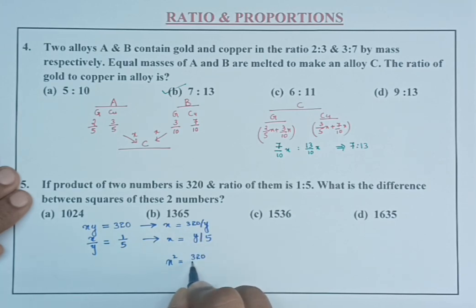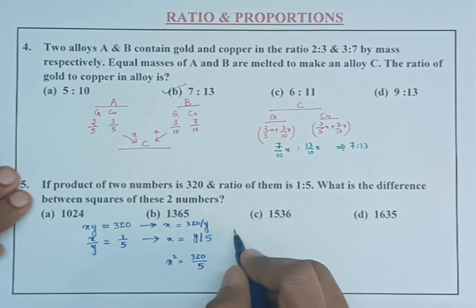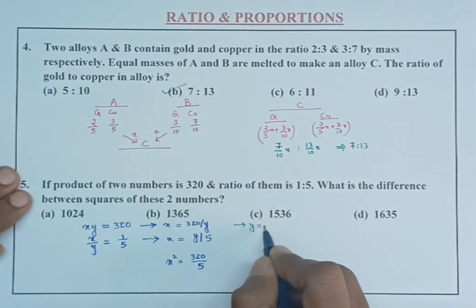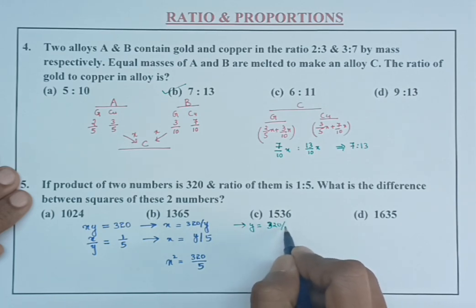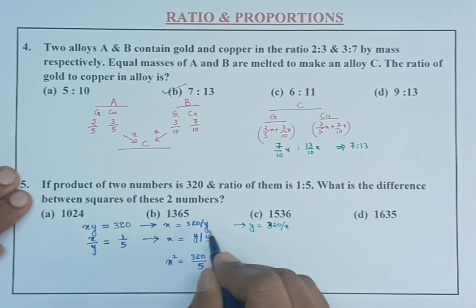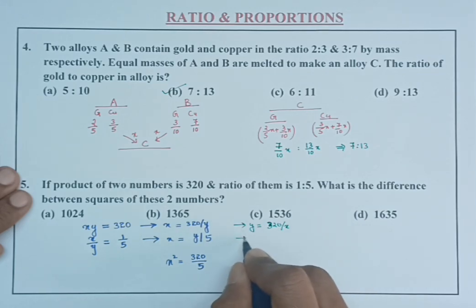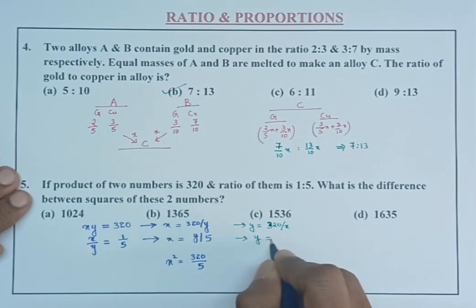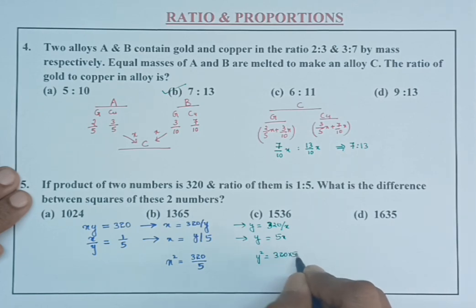x square is equal to 320 by 5. Similarly, we can write y is equal to 320 by x, and y is equal to 5x. So multiplying these two, y square is equal to 320 into 5.